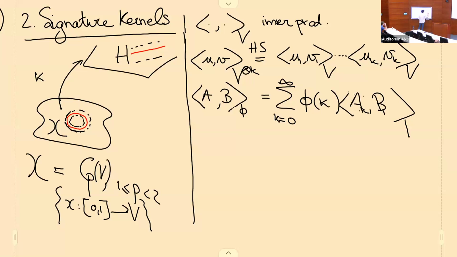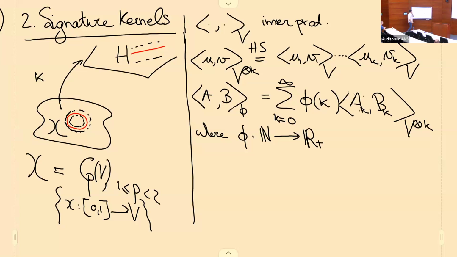Where phi is just a function from the natural numbers with 0 into, let's say, R plus. It's a positive weight, and this is a weight that rescales each level of this tensor algebra in different ways, right? So it's an arbitrary function that we can put there.